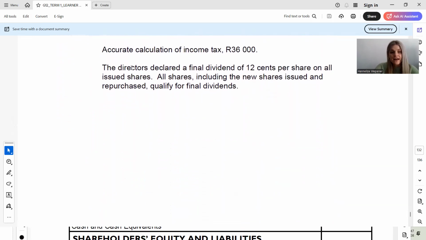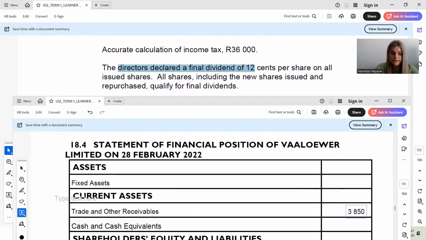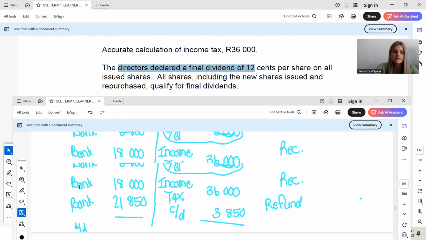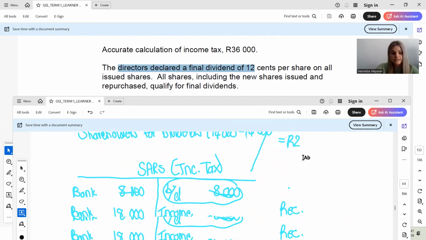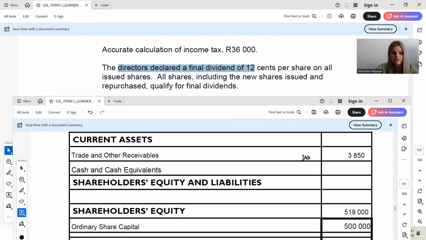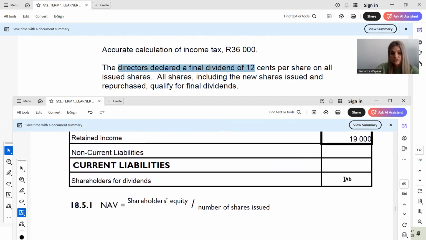Therefore, unless stated otherwise, your final dividend will always be the final dividend that you declared. That will always be your liability. So your 36,000 Rand will go to your SFP, shareholders for dividends, 36,000 Rand.